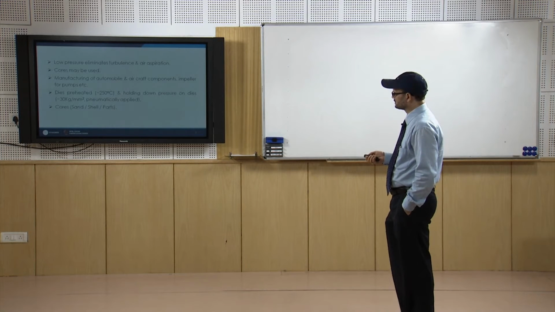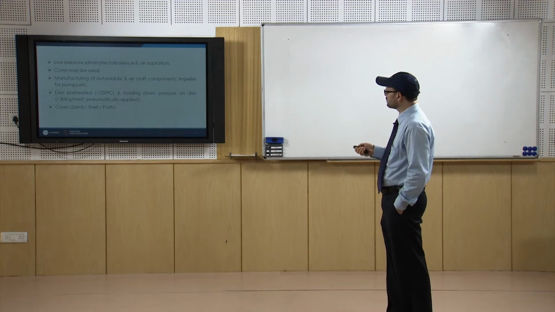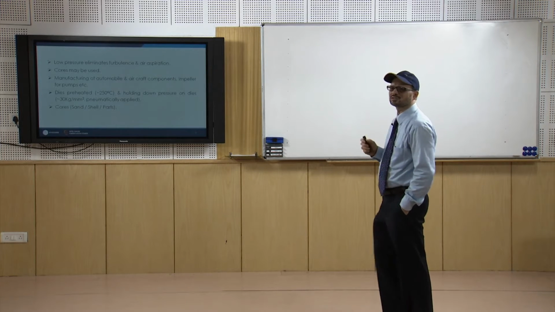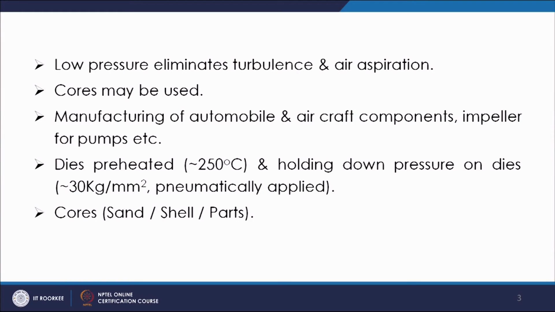As we discussed, the presence of low pressure eliminates the turbulence and air aspiration. If the pressure is more, at higher velocities or at the corners, there are chances of formation of turbulent pockets, and the presence of this turbulence and the formation of adverse pressure gradient situations may lead to the aspiration of air.